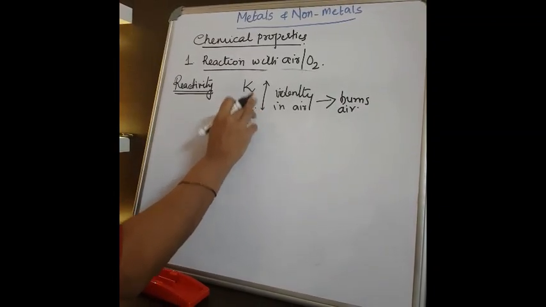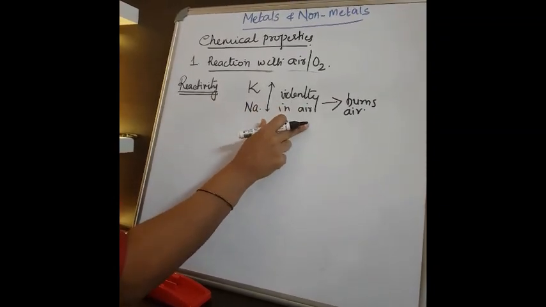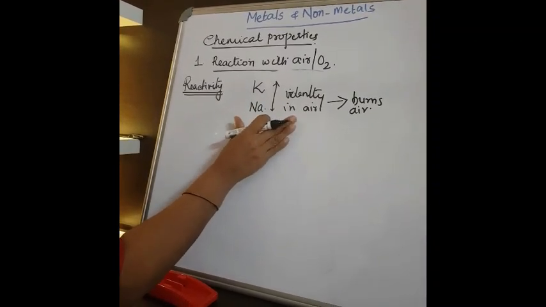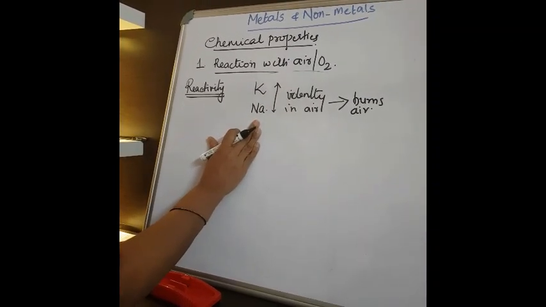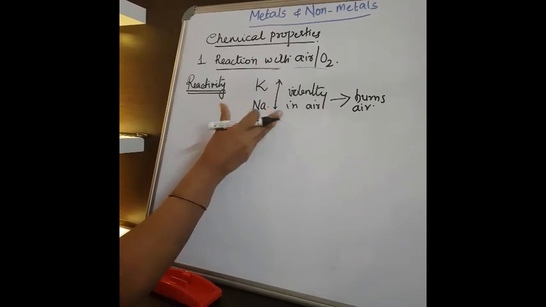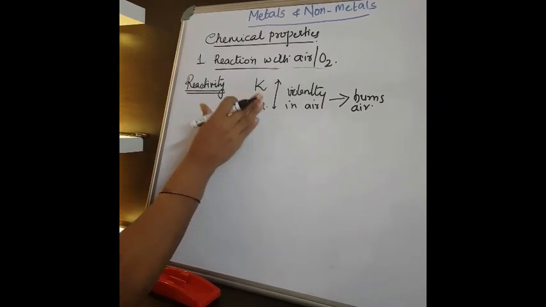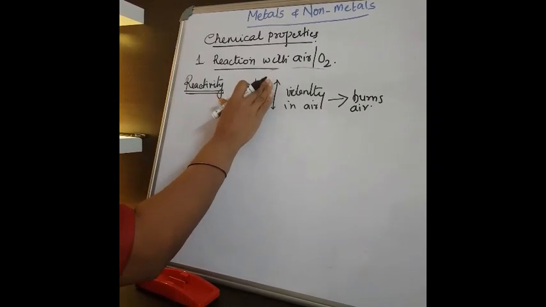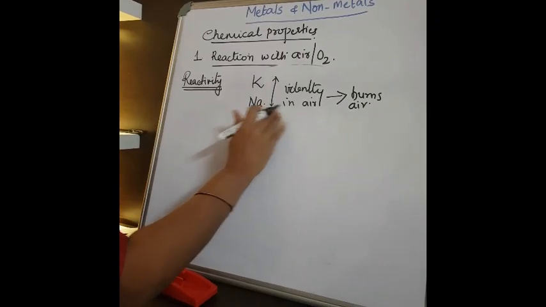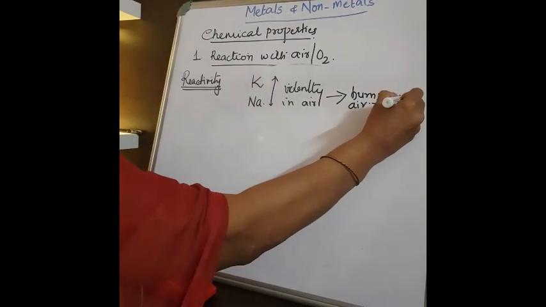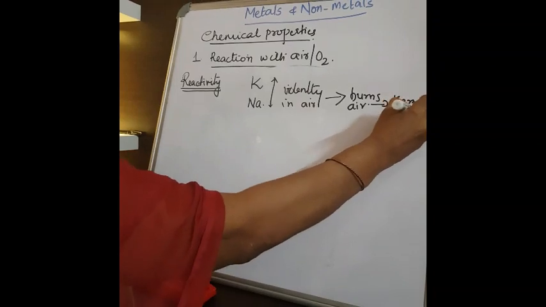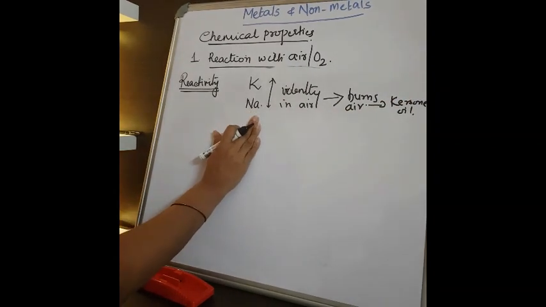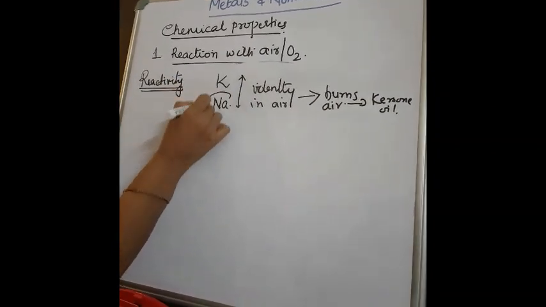So can we keep potassium and sodium simply on the surface? No, you can't keep sodium and potassium like that. So for that matter, we immerse sodium and potassium in oils like kerosene oil. We keep potassium and sodium in our lab.